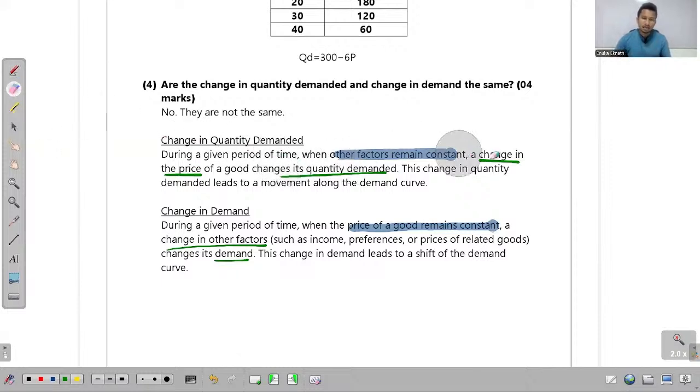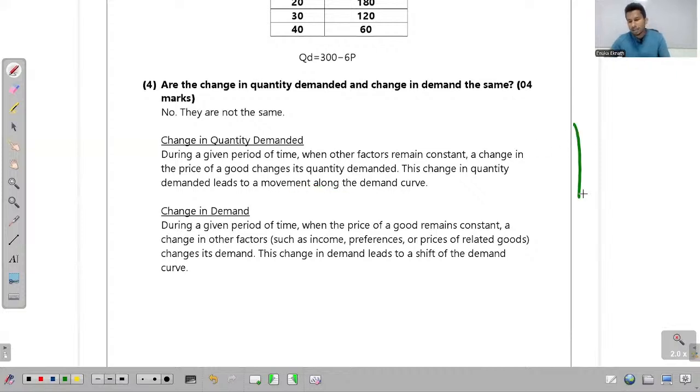And other than that, you can also mention this point as well. A change in quantity demanded will not make any changes in the demand curve, but it will lead to a movement along the demand curve.